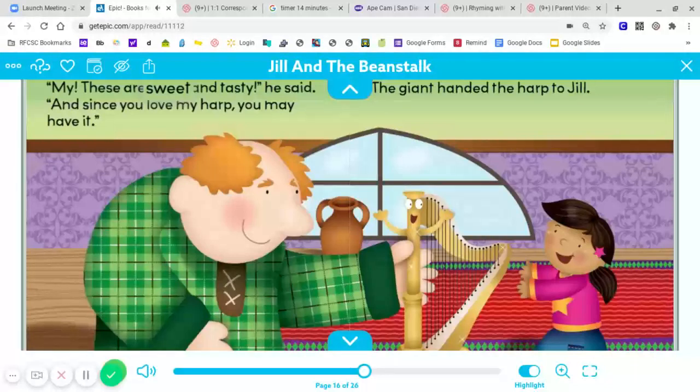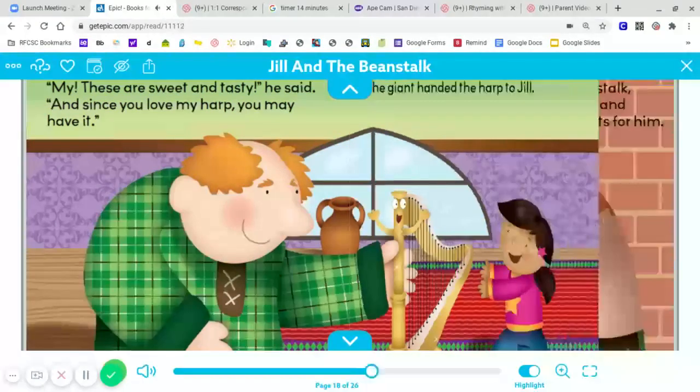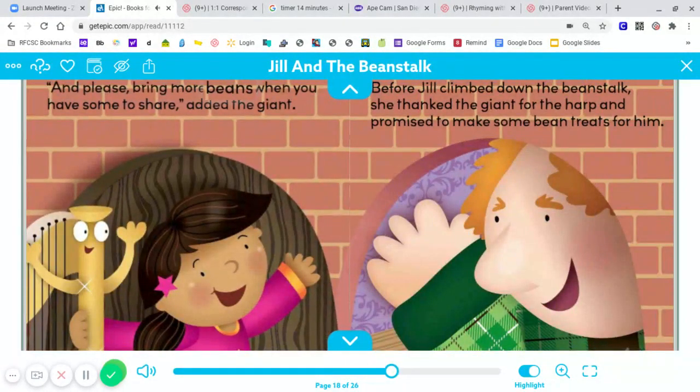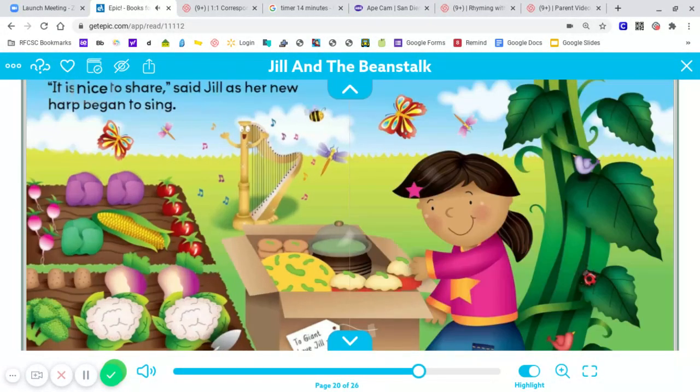"My, these are sweet and tasty," he said. "And since you love my harp, you may have it." The giant handed the harp to Jill. "And please, bring more beans when you have some to share," added the giant. Before Jill climbed down the beanstalk, she thanked the giant for the harp and promised to make some bean treats for him. "It is nice to share," said Jill, as her new harp began to sing.